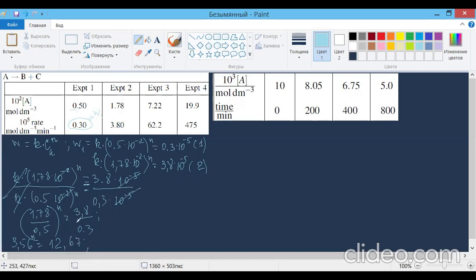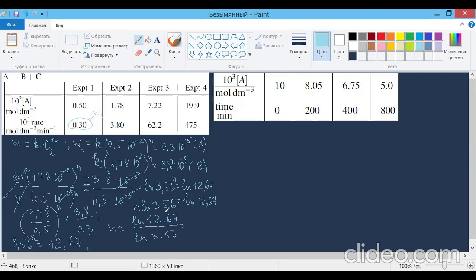In this case, in order to get n, we take a logarithm. Let it be a natural logarithm of both sides of this equation. Right. In this case, n goes before the natural logarithm, and n equals natural logarithm of 12.67 divided by natural logarithm of 3.56.